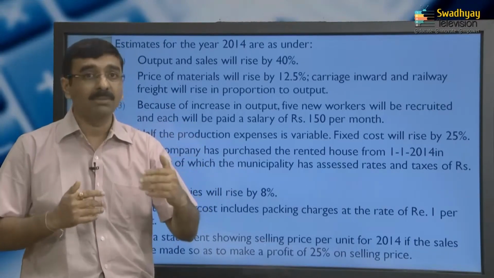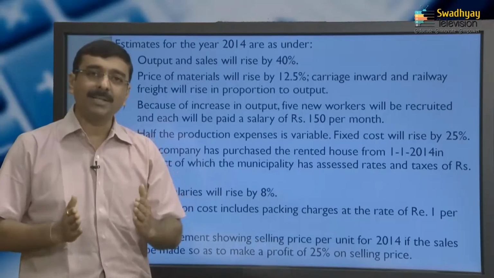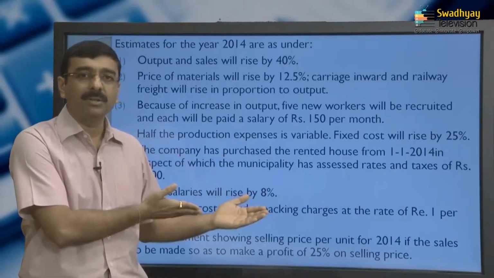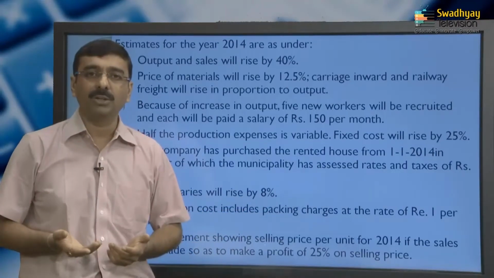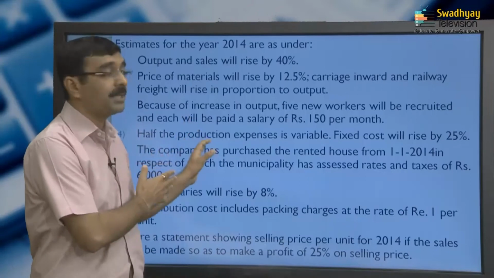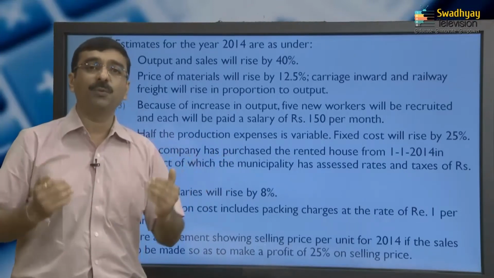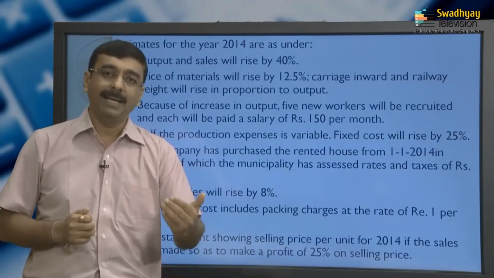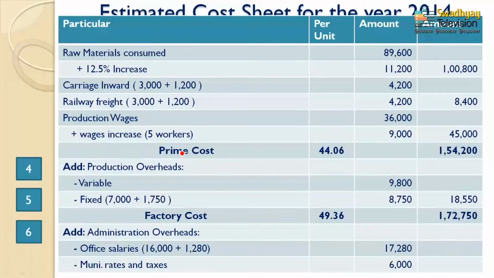We have a cost price but we don't have a sales price. That is why we try to find out the proportionate changes. If the profitability has been given on sales price, how much would be charged on cost price, and that is 33.33%. This is your first part of the solution where we find out the missing items for the calculation of the estimated cost sheet, and now we will try to find out the estimated cost sheet.